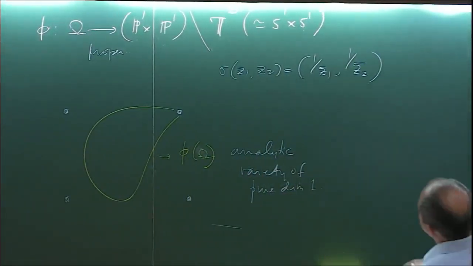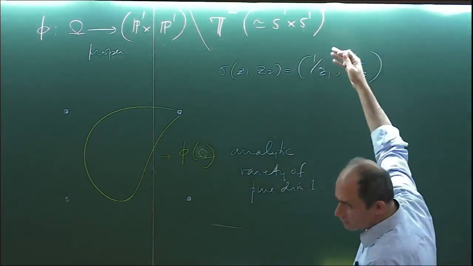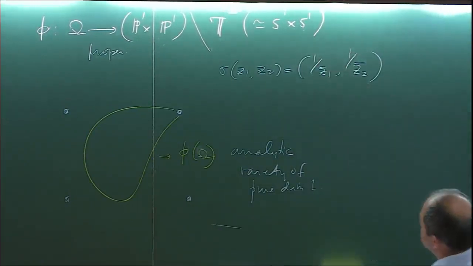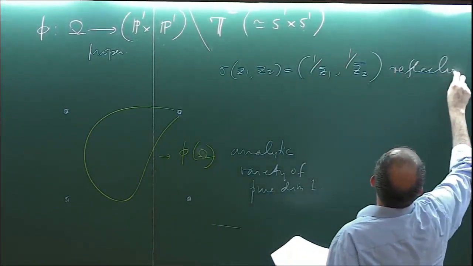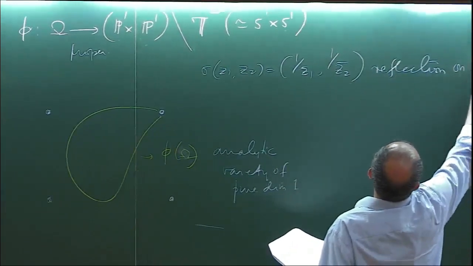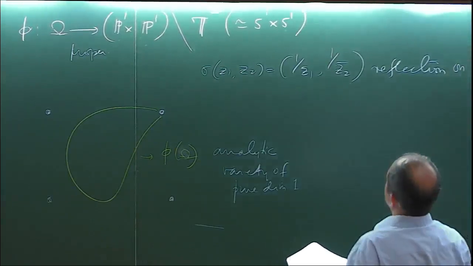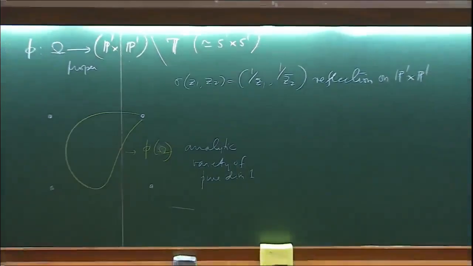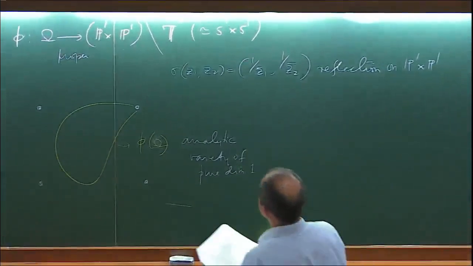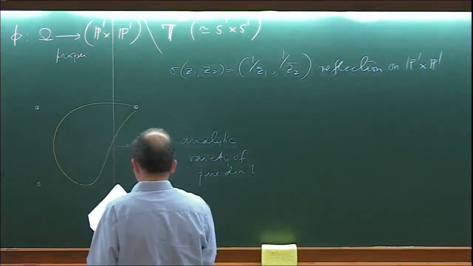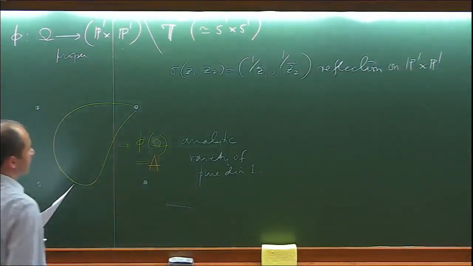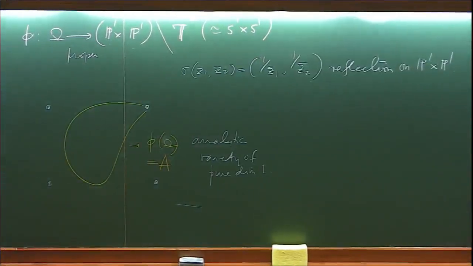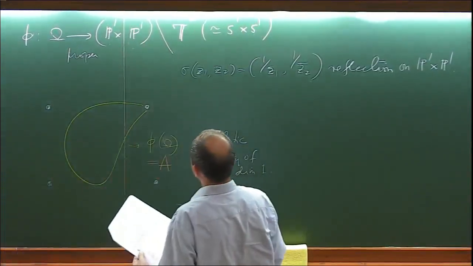This defines what is called a real structure on P1 cross P1. Let's give this variety a name: I'll call it A, for analytic. So A is a variety with boundary in the torus.